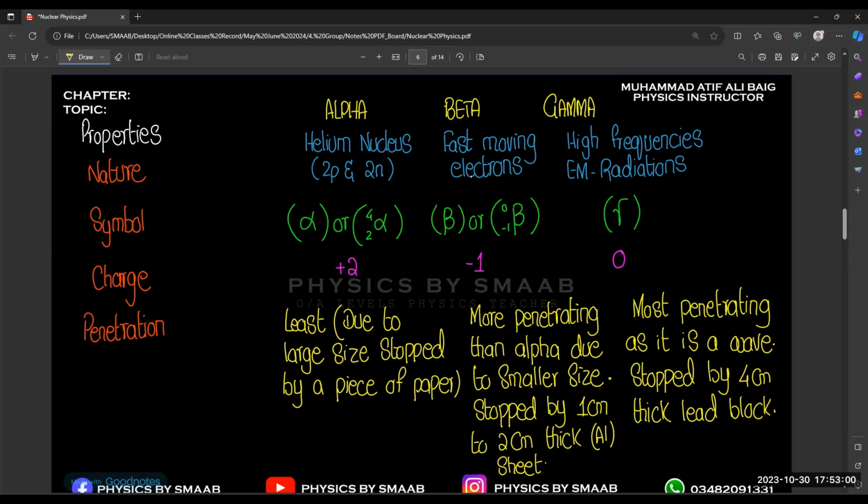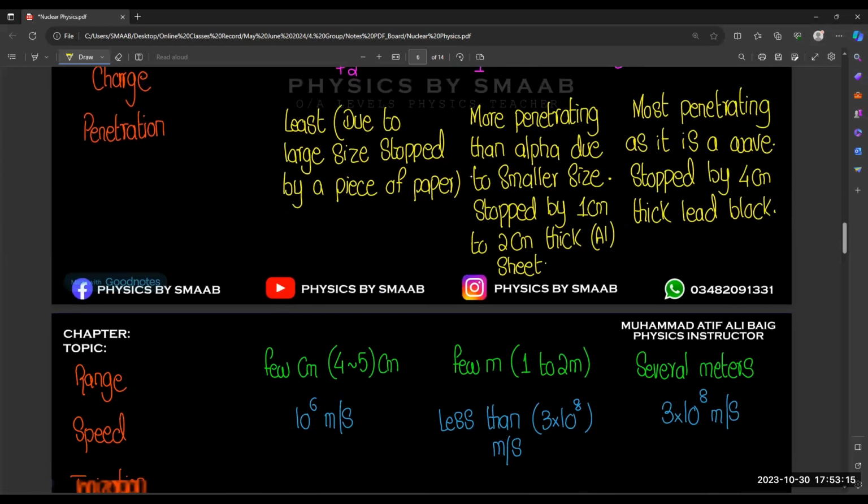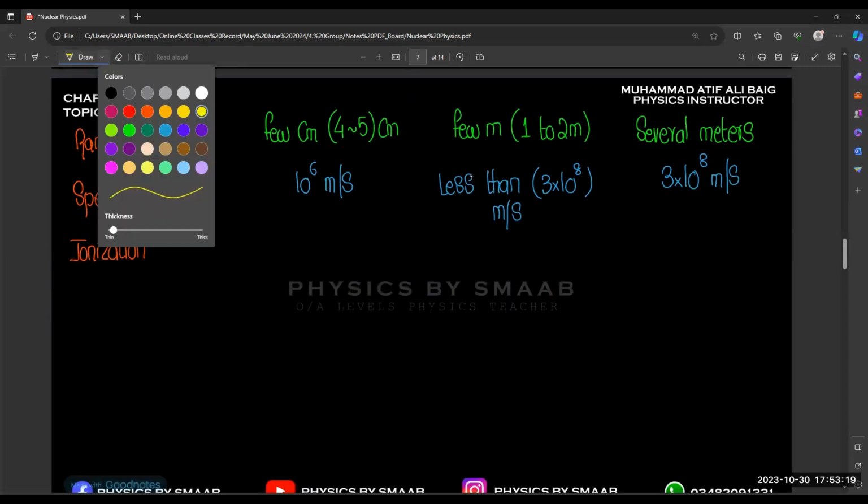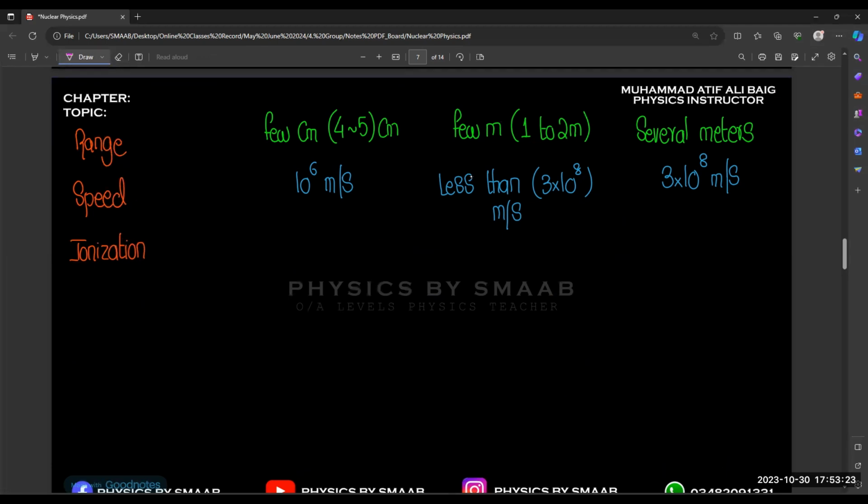What do you think, which radioactive element has the most ionizing power, alpha, beta, or gamma? It's alpha. Yes. So basically, ionizing power depends upon the charge. The charge of the alpha particle is greatest among all the radiation. So that's why the ionization power will be greater for the alpha.